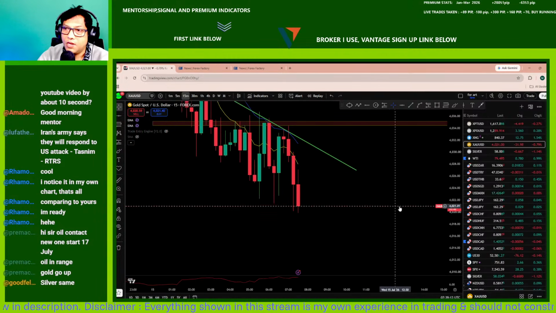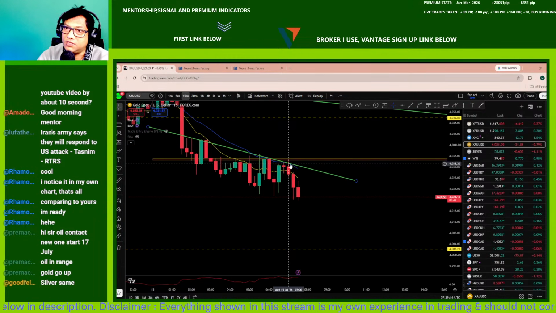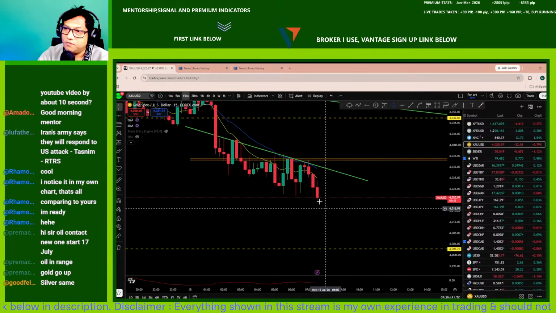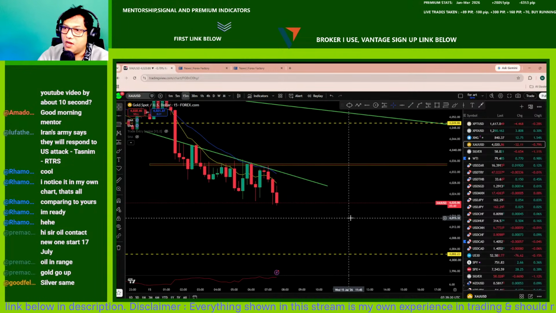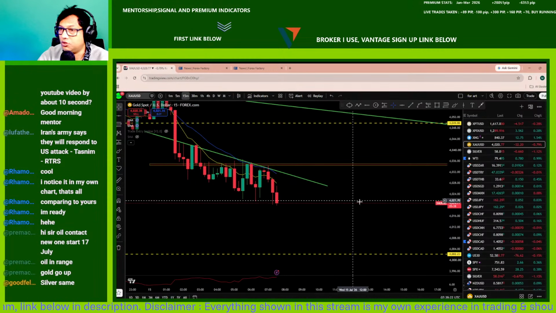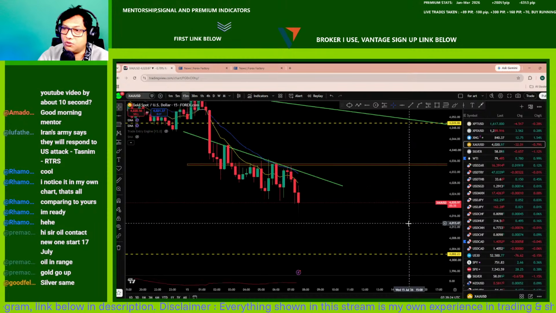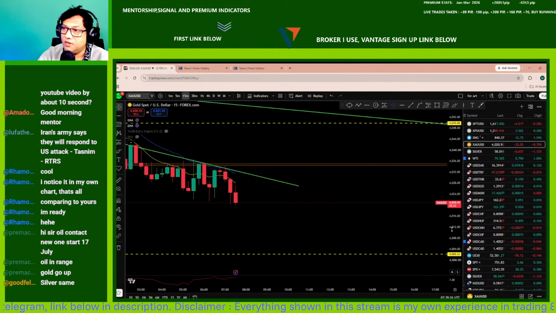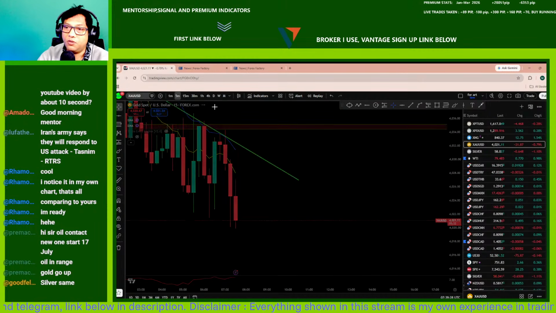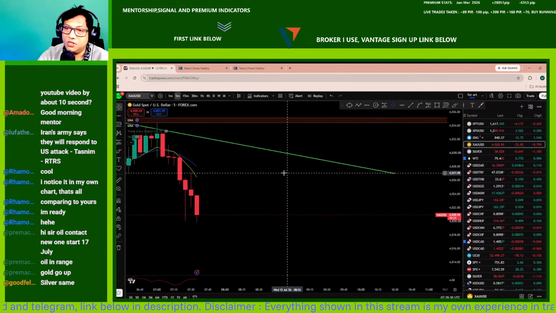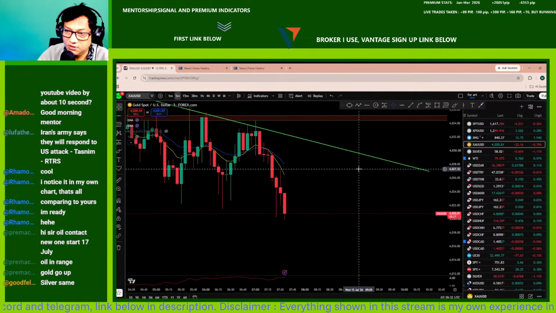Okay, now you can see this is one single move on the 15 minute chart to the downside, crossing both the 10 and 20 MA. It's a clean downtrend at the moment. On the lower time frame we'll see how far it goes, and based on that we can look at the entry.